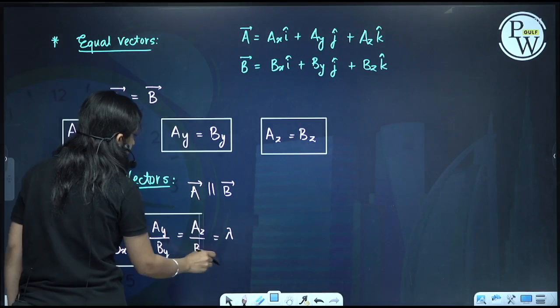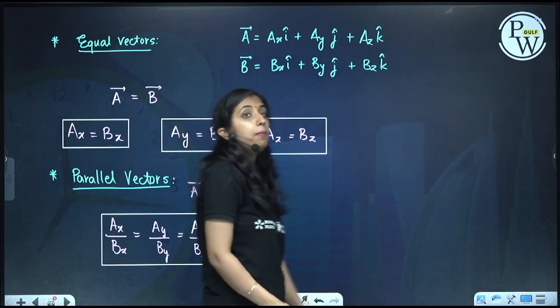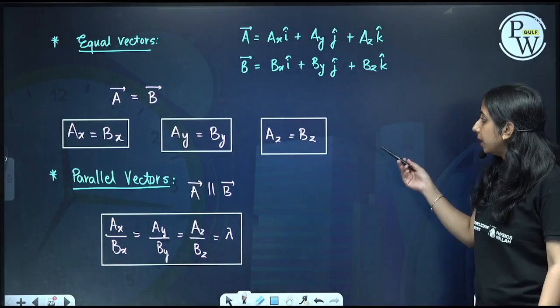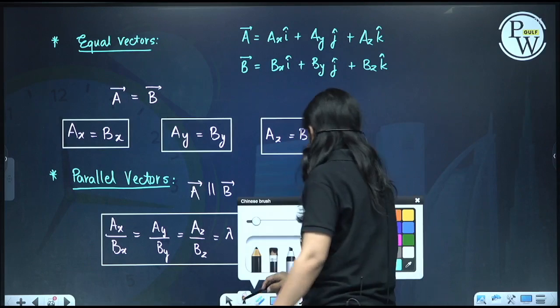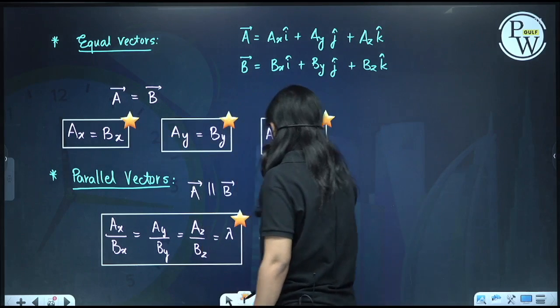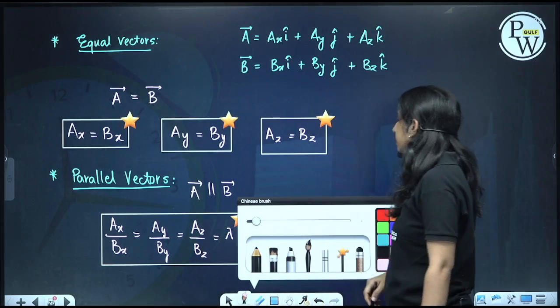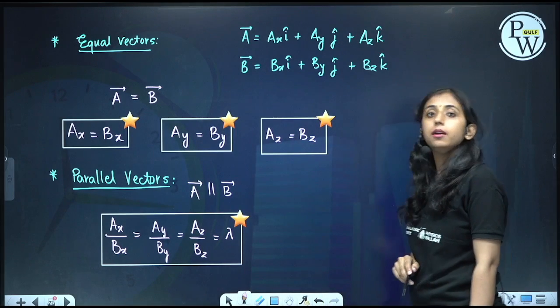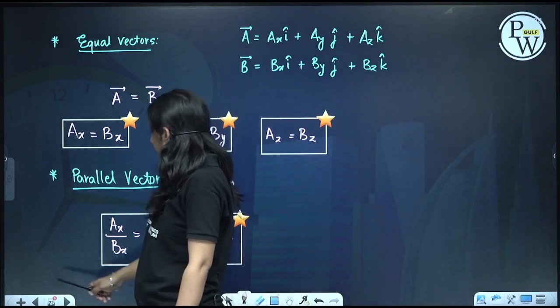This is the condition for the vectors to be parallel. The condition for them to be equal is this, and the condition for them to be parallel is this. Clear?